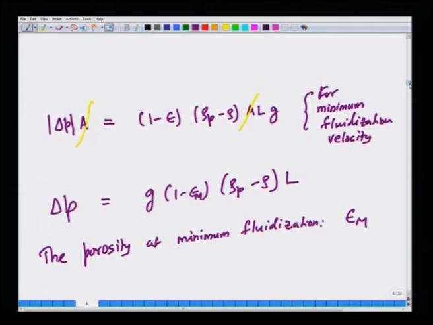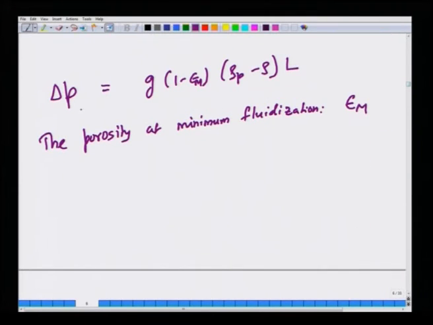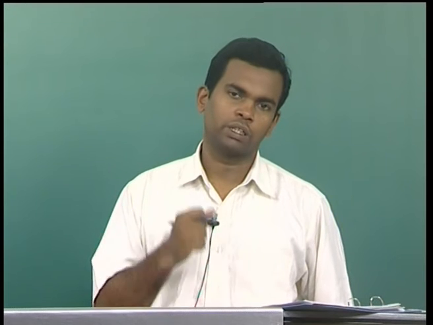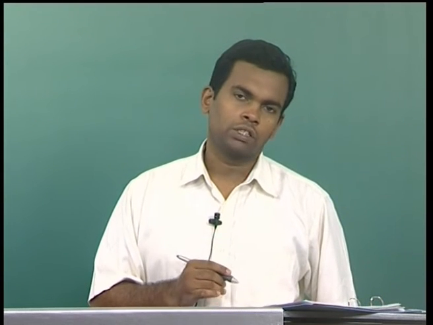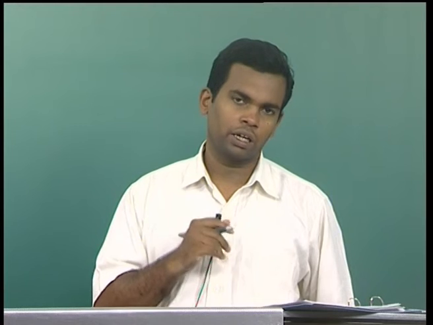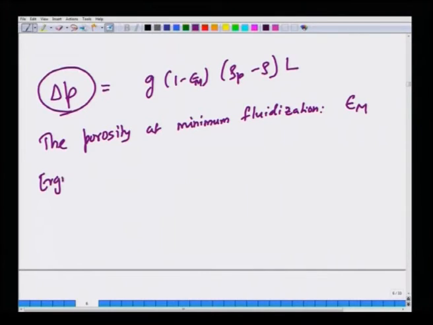Now, at the onset of fluidization, delta p can be determined, because until the onset of fluidization it is a fixed bed, a packed bed, not a fluidized bed. So, if it is a packed bed, we can use our earlier correlations to find the pressure drop. So, we are going to use the Ergun equation.